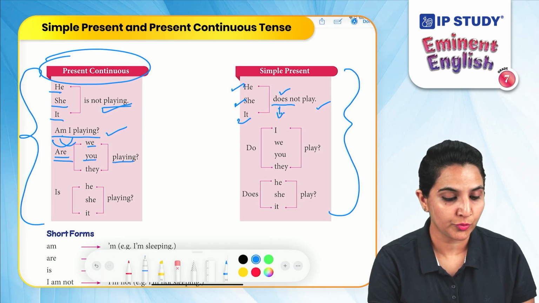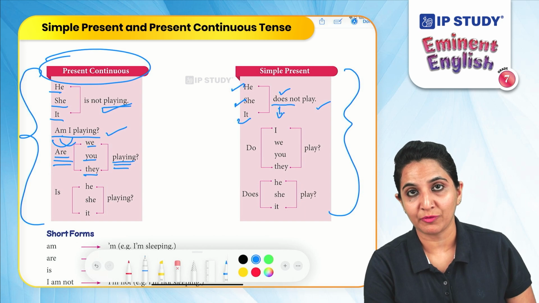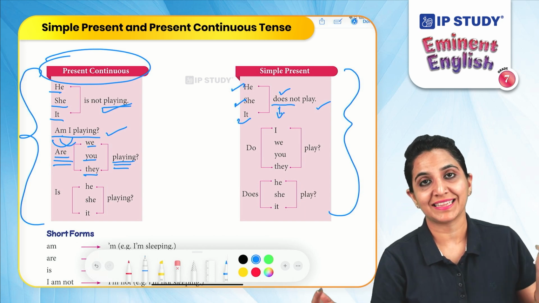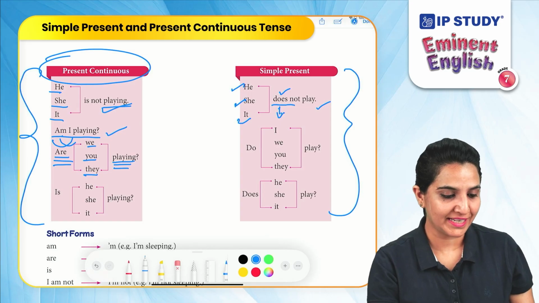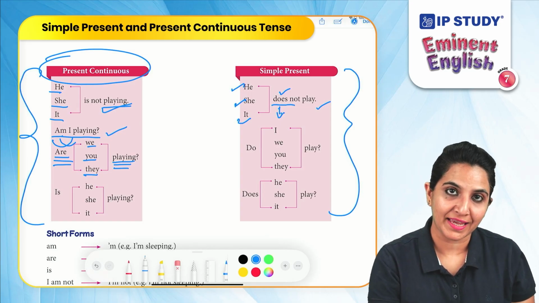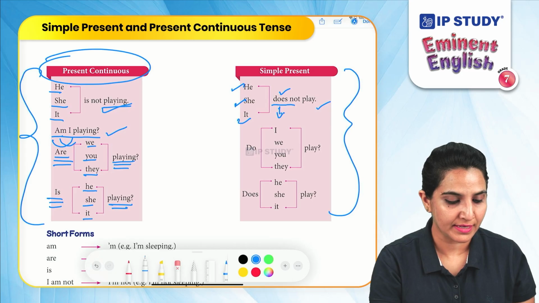Are you playing? Are they playing? So simply the helping verb and the subject interchange their places. Similarly, he is playing becomes, very good, is he playing? Is she playing? Is it playing?